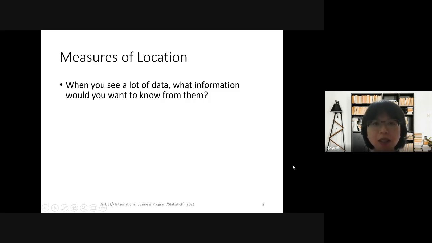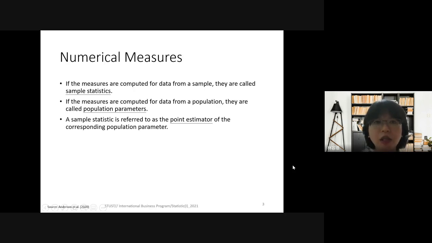For example, when you see a lot of data, what information would you want to know from them? I believe you will not only want to know that it can be shown by a diagram or a dot plot. You will also want me to tell you more. So now we will learn some numerical measures.